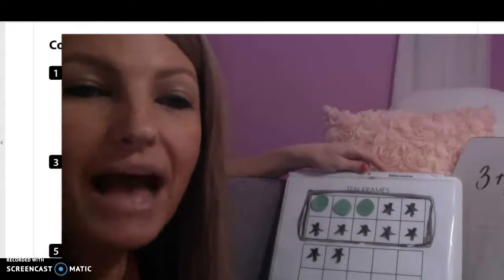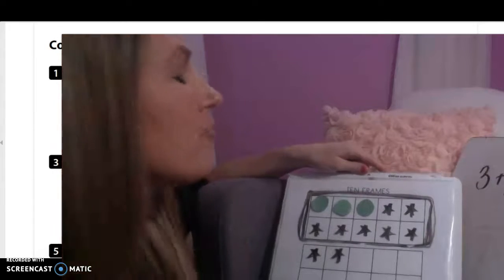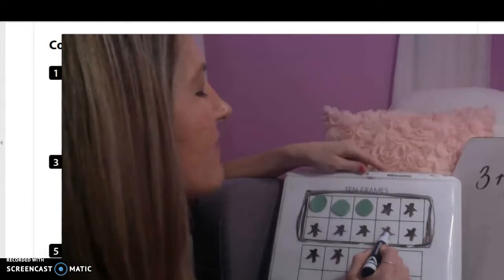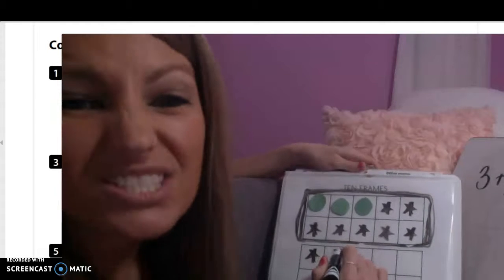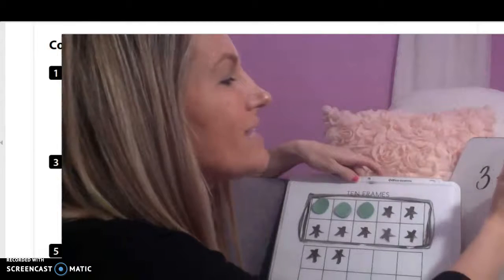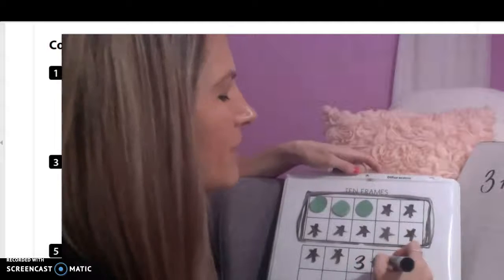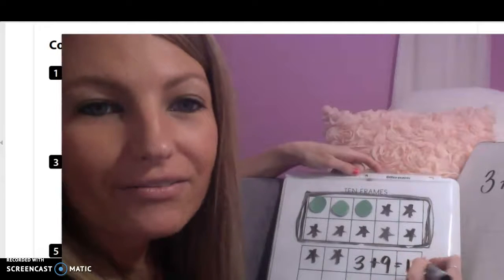I need to go back and look, how many stars did it take me to get to 12? It took me 1, 2, 3, 4, 5, 6, 7, 8, 9. It took me 9 stars. So 3 plus 9, 3 circles plus 9 stars will give me 12.